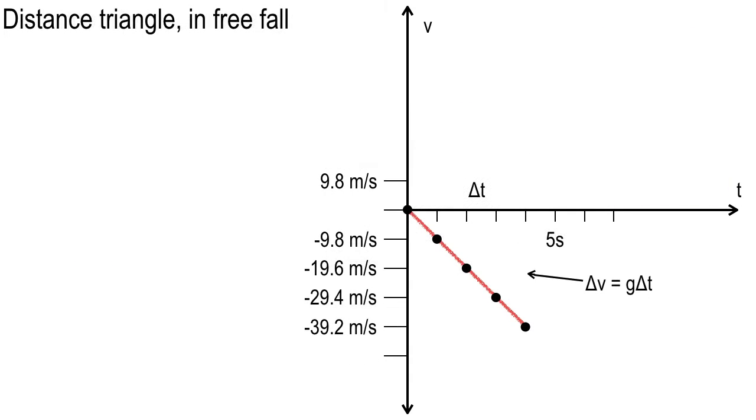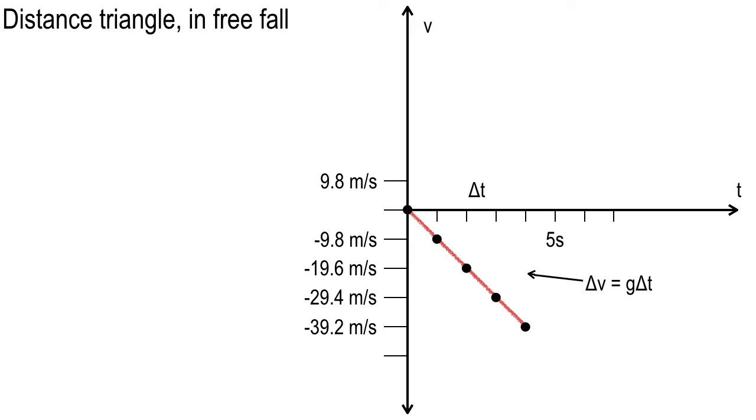The next one that we did was the distance triangle, first of all for free fall. This is the diagram that we used. Starting up here at the origin where the time axis and the velocity axis intersect, 0, 0, it's like being up on top of the library and dropping a water balloon.